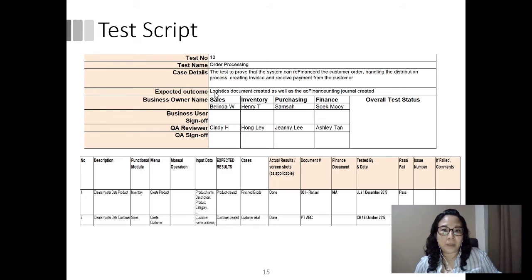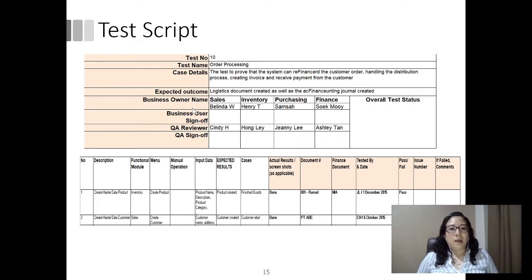For example, we want to make sure that the document can be created as well as the finance accounting journal. And then you can define the business owner name, stating the department, the functional area department. For example, you have sales, inventory, purchasing, and the finance department. This one is from the business side.